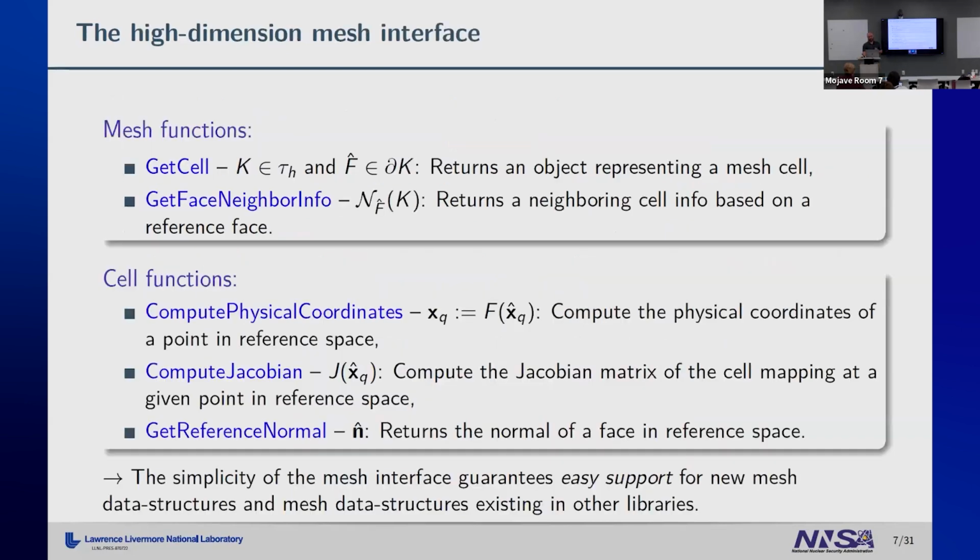In order to reconcile those different mesh data structures, we use a new mesh interface that is built on top. What was important is that this mesh interface is actually extremely simple. We only have two functions: get cell and get face neighbor info. And that's all you need to support any data structure.